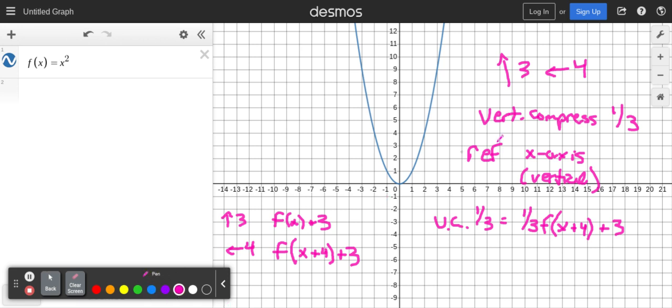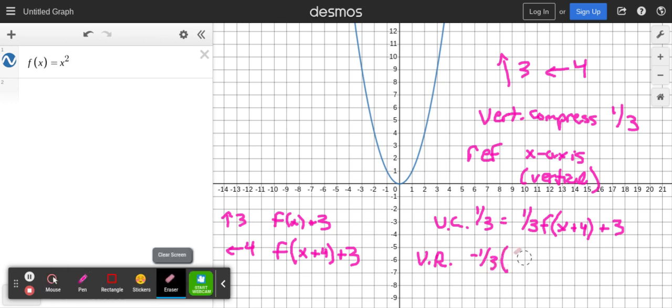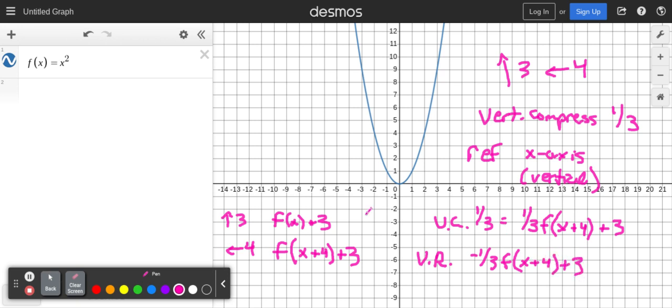Lastly, if we're going to reflect it across the x-axis, that's a vertical reflection. So now we're going to make our f negative. So now our vertical reflection is going to be negative 1/3 f of x plus 4, plus 3.